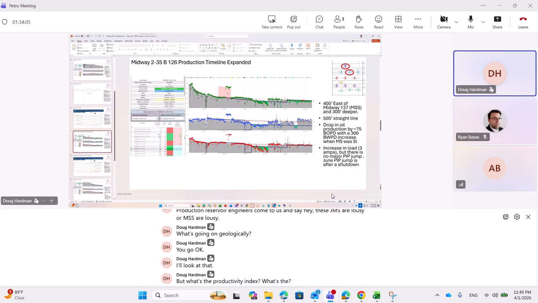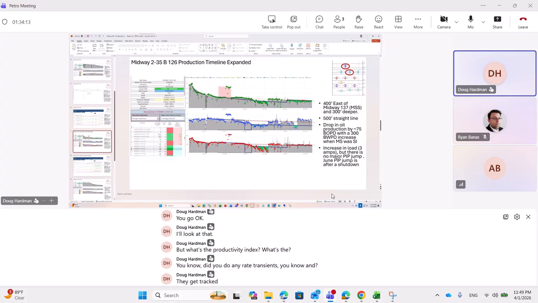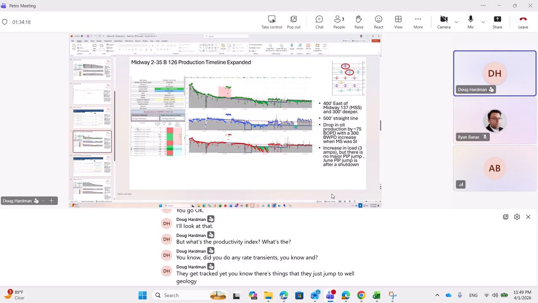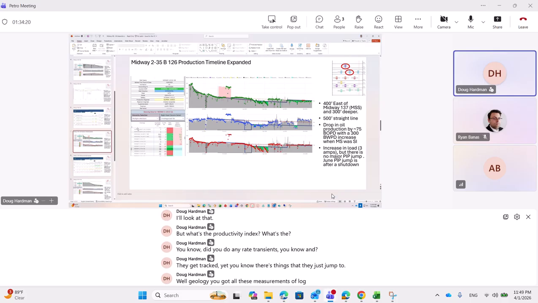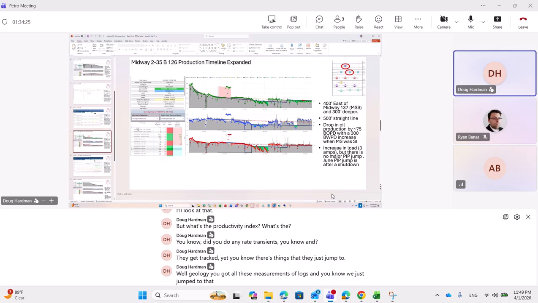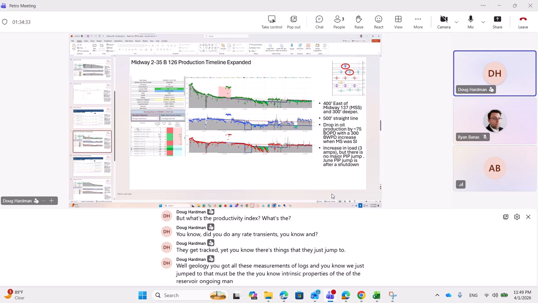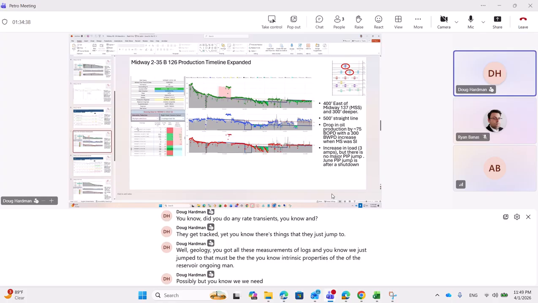Did you do any rate transients? If they get frac hit, they just jump to geology, all these measurements of logs. Must be the intrinsic properties of the reservoir. I'm going, man, possibly, but we need other systematic work done before they come to us, in my opinion.